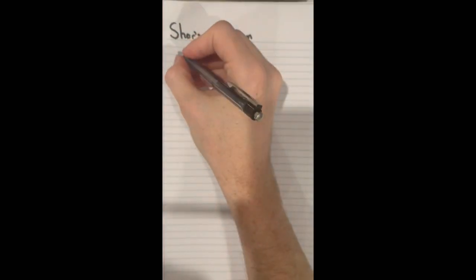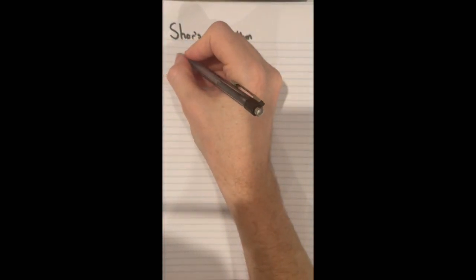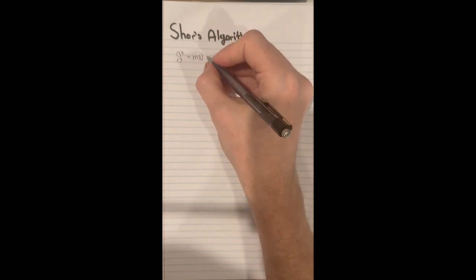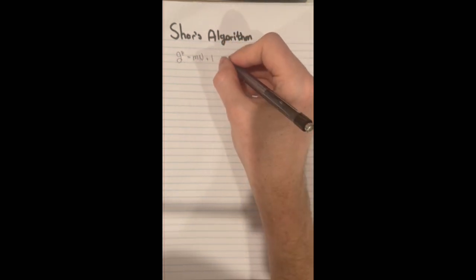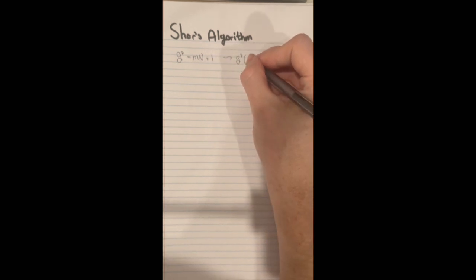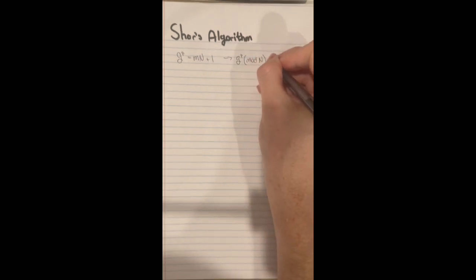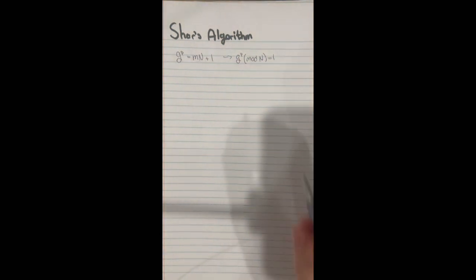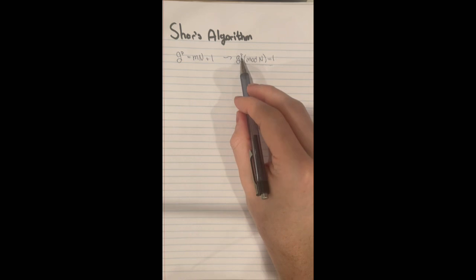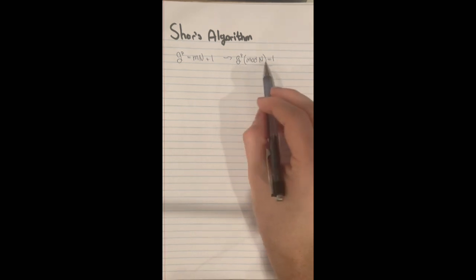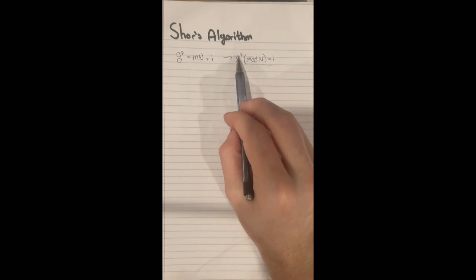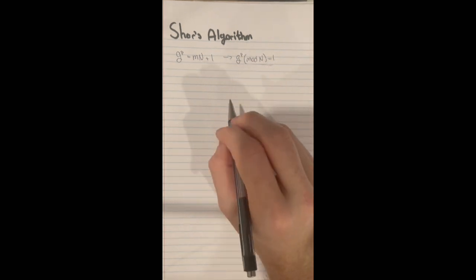So recall that we previously stated that our expression g to the p equals m times n plus 1 was equivalent to g to the p mod n equal to 1. As it turns out, this expression will be periodic with p. So for any solution of p which satisfies this, we'll see that p times n for any integer small n will also satisfy this relationship.